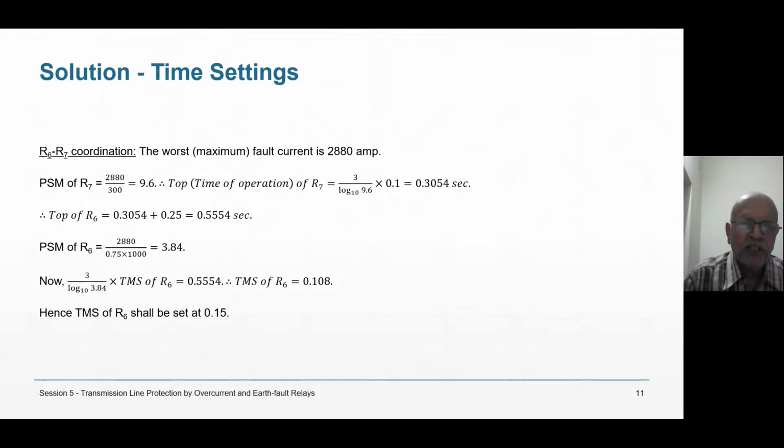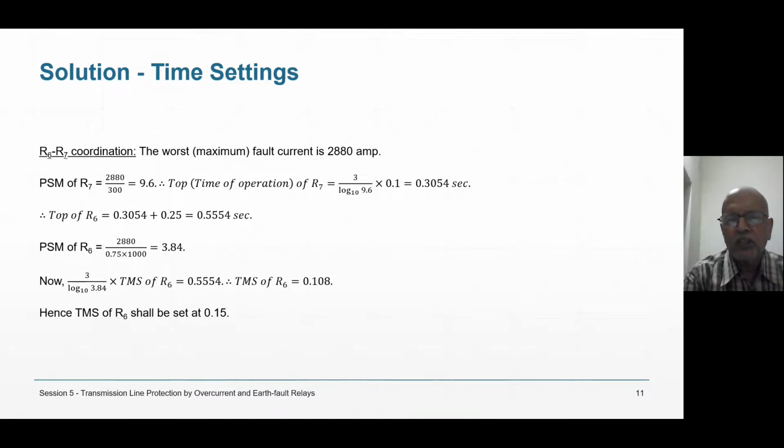Therefore 9.6. Now for time of operation, there is a mathematical approximation for normal inverse only. For other relays, very inverse, extremely inverse, the formula is different. But for the normal inverse relay, the easiest mathematical approximation, because every now and then you cannot refer to the curve, is 3 upon log PSM into TMS.